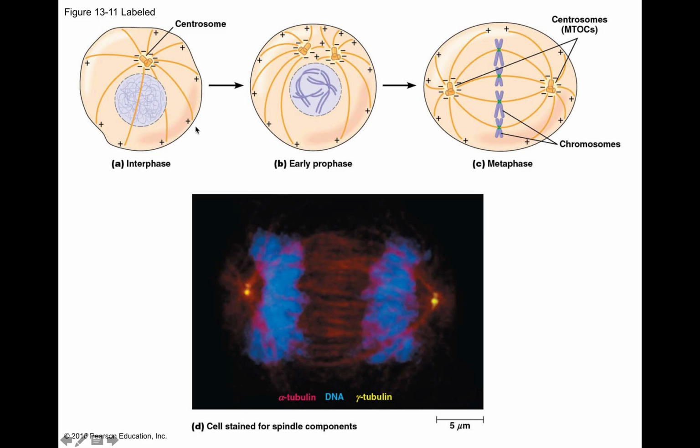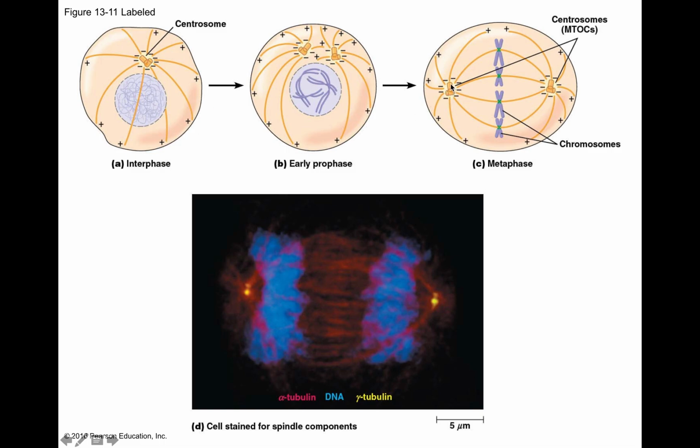The orientation of microtubules during mitosis is important. In mitosis, the centrosome starts growing microtubules, the minus end at the centrosome, plus end forming away from that as the cell forms the spindle.